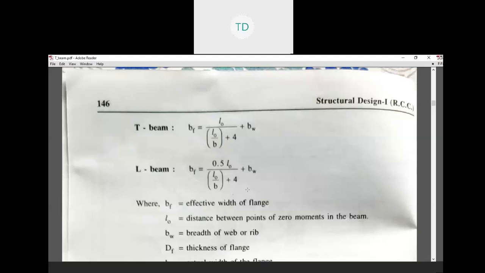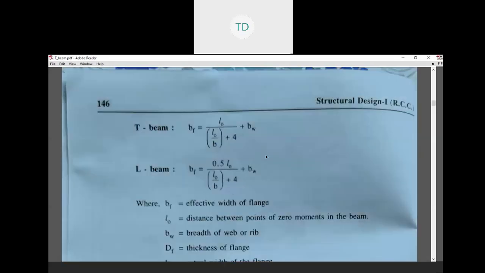Similarly, for L-beam, the value is divided by 2 because the L-beam has a flange on only one side, and the total focus is on that L flange. That's why we include 0.5. The rest of the equation is similar to the above.